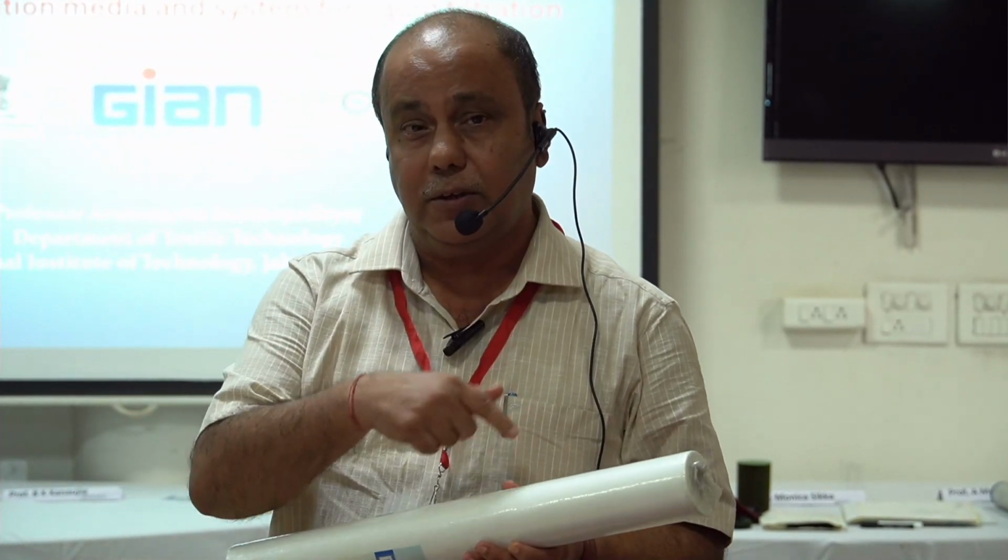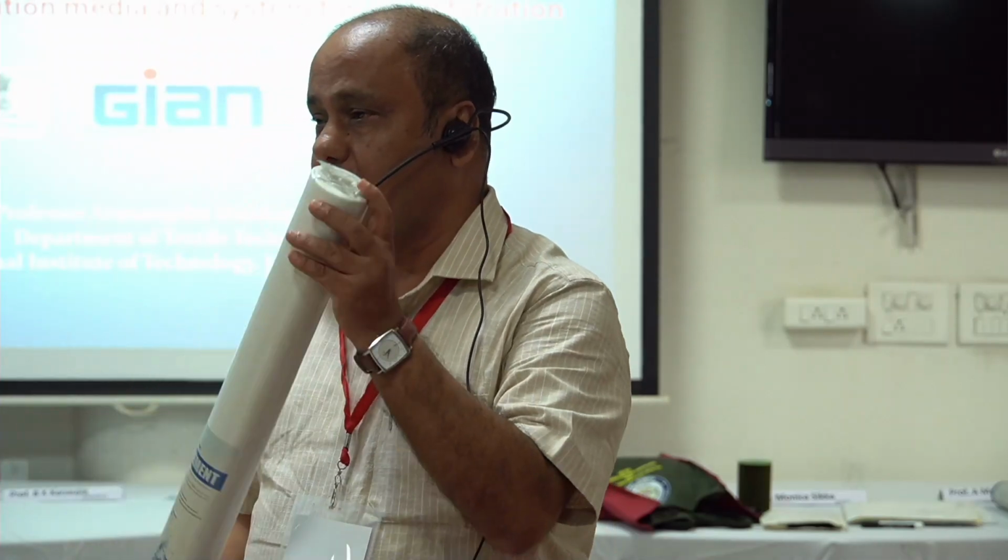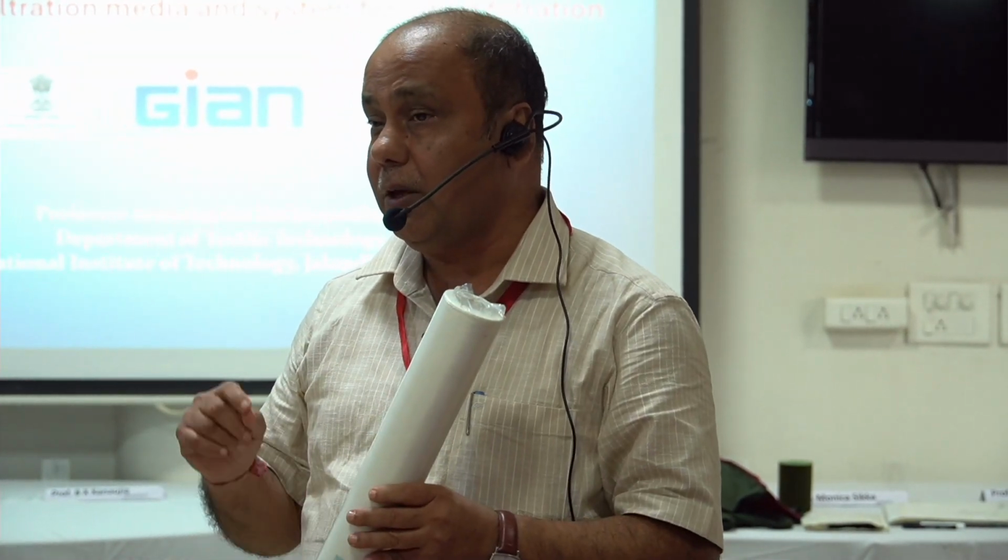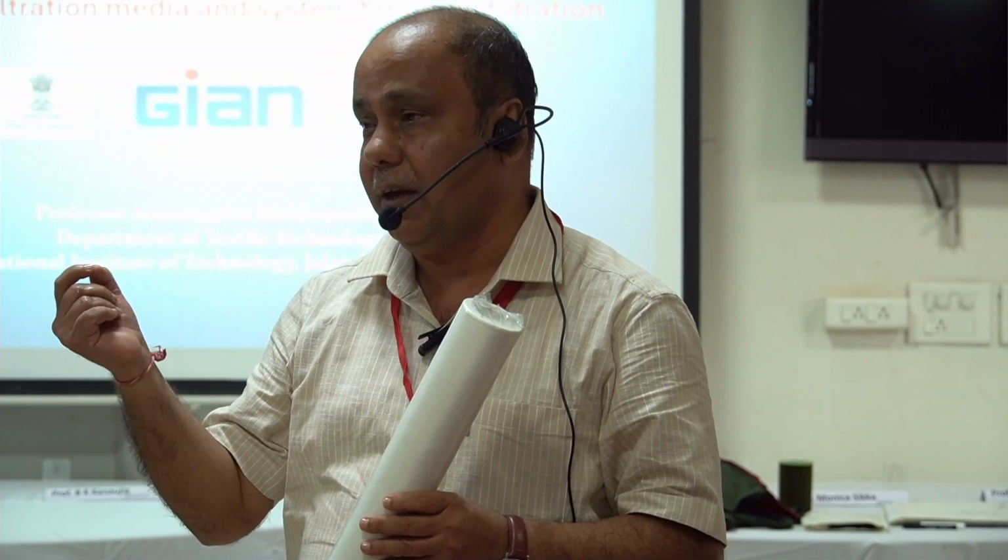So the industry wanted to use the spunless process in place of this, because for yarn you have to manufacture it, then wind it onto the package, and then use this package. But here the spunless material can be directly wound onto this package, and the package can be directly used for a similar application. But this sort of material cannot be used when the contamination level is high, because it could be blocked very easily.